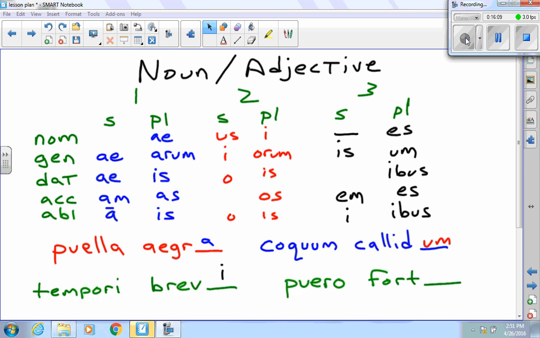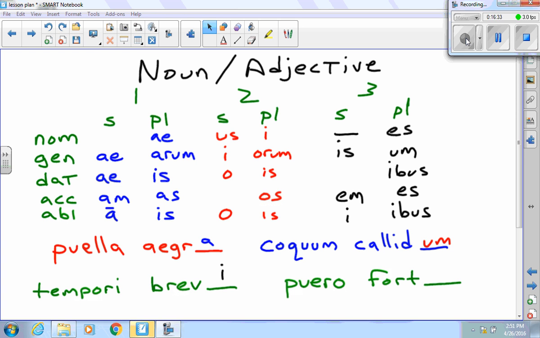However, sometimes you end up with words like puero that are second declension and fortis, which is a third declension adjective. I cannot give one of these endings of the second declension to fortis because fortis is a third declension adjective. But what I do need to ask myself is what is the case, number and gender of puero?